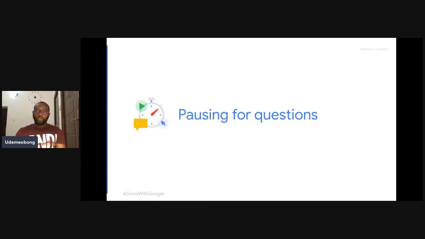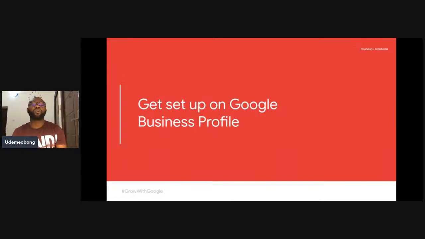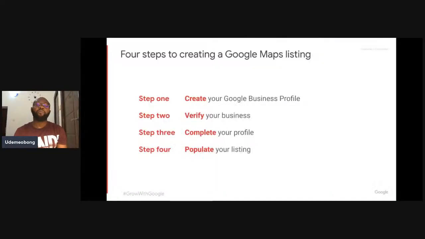All right, so I'll just go over to the second part of this presentation, pending when I'm going to be having some questions to answer from you. Okay, so let's see how you can get set up on the Google Business Profile. Now there are 4 basic steps on how you can create a Google Map listing.